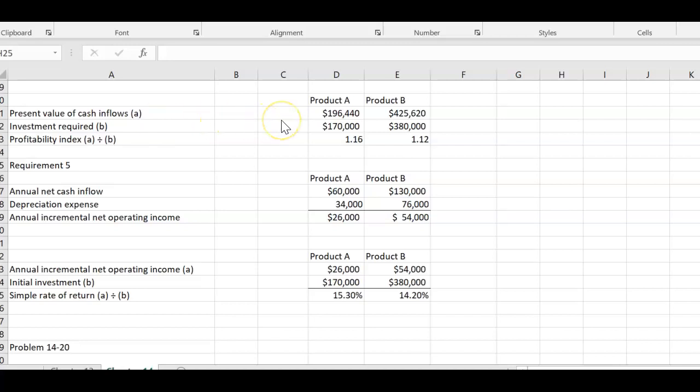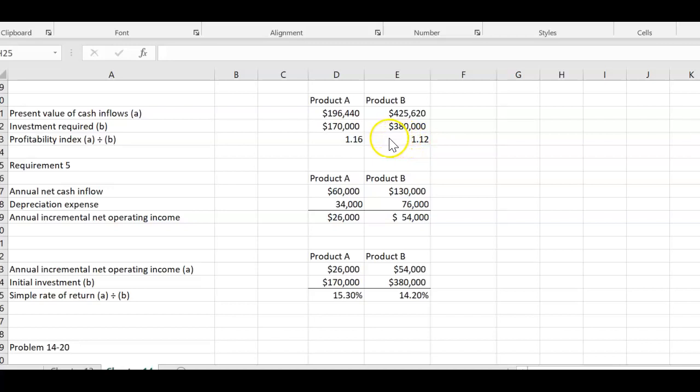So for product A, in requirement 2, the present value of the cash inflows was $196,440. The original investment was $170,000. So the profitability index is 196,440 divided by 170,000, which is 1.16.